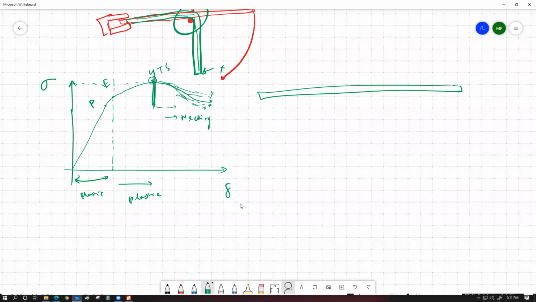So let's say we are going to cut this into 4 pieces, load it up in an apparatus setup, and you are going to do this experiment on these individual 4 pieces all the way up to the point it actually breaks. What is going to be interesting is that all of these 4 pieces, the pieces can be big or small, doesn't matter, they're going to end up with the same exact graph all the way up to the UTS point. A point পর্যন্ত সবার graph exactly same হবে.